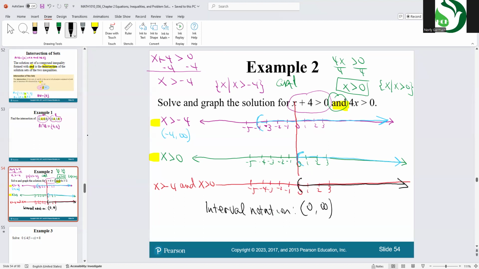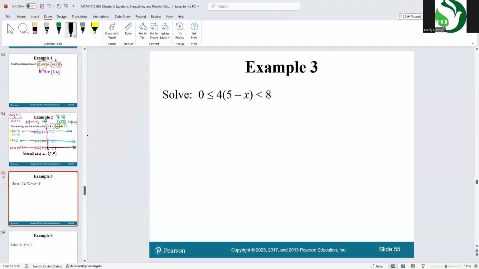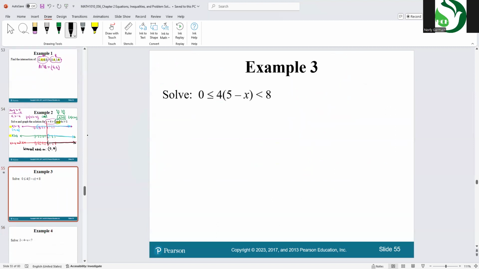We can continue with many examples, like the second one right there. These examples also help us to solve with compounds. Only compounds containing "and" can be presented in this format, not those containing "or".